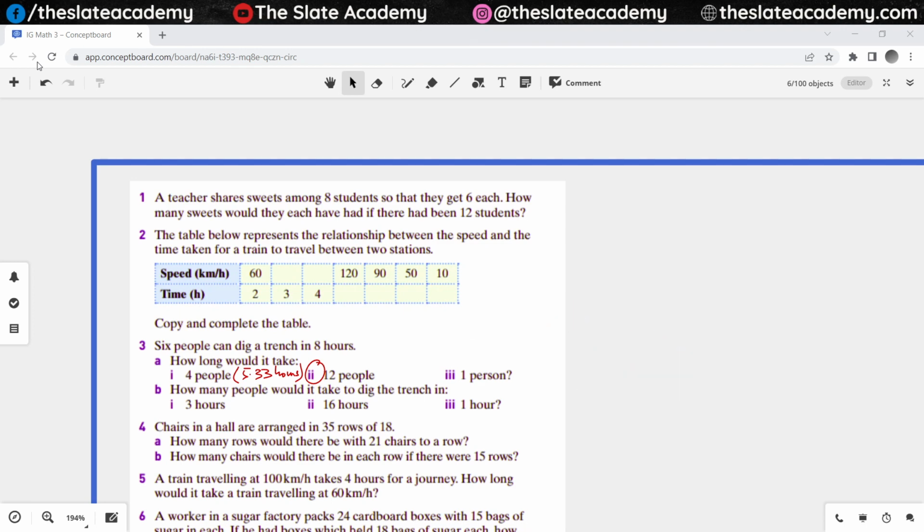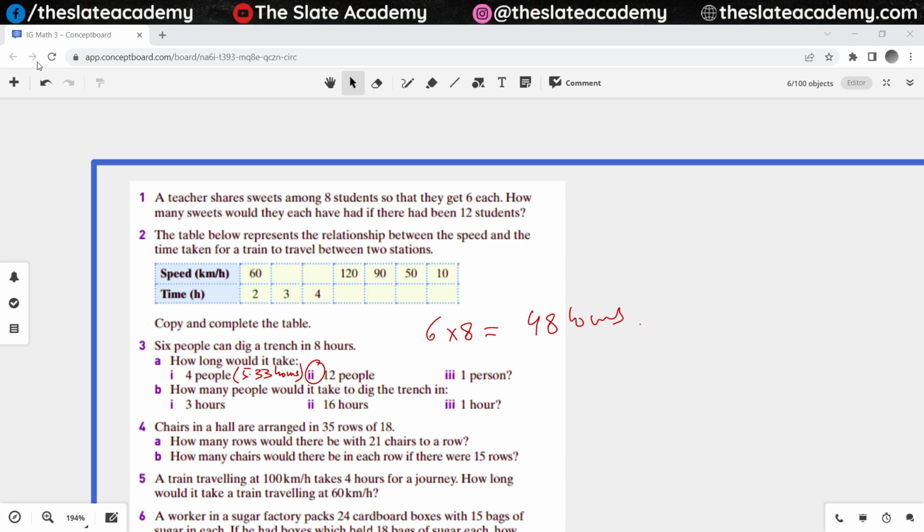If one person does the work for 8 hours, how many hours is it? 8. Then another person does it for 8 hours. How much is it? 16. Then another person, then another person. So 6 such people have done 8 hours of work. So what's the total number of hours that have been worked? 6 into 8. This is the total number of hours worked, 48.